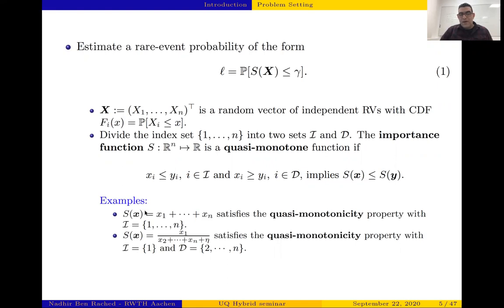The first trivial one is the sum of x_1 to x_n, and this satisfies the quasi-monotonicity property with I equal to the full set, and D is the empty set. And the other example is the ratio of random variables, so x_1 over x_2 plus x_3 up to x_n, and we add another constant. And then this satisfies the quasi-monotonicity property with I being the index set 1 and D being the index set from 2 to n.